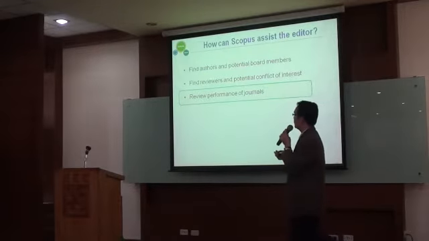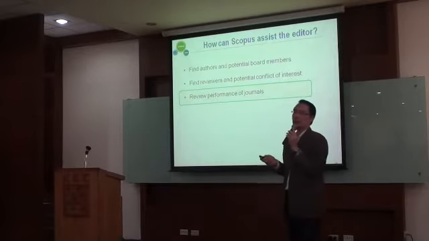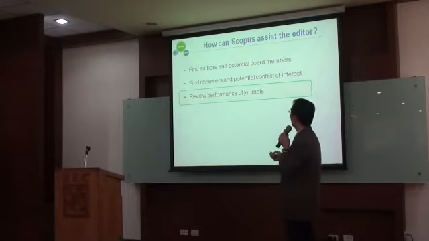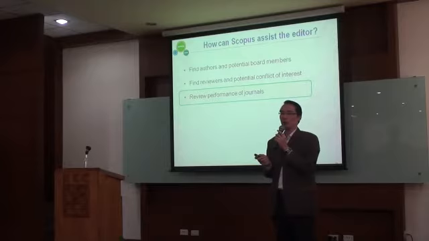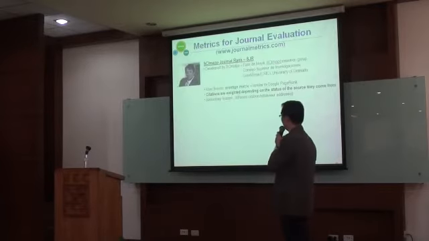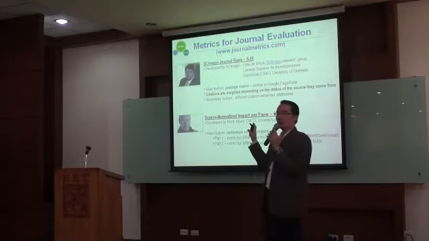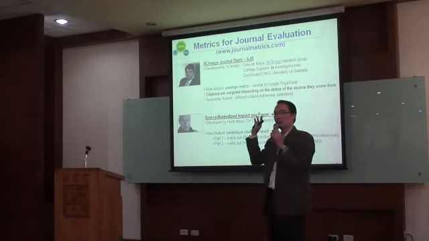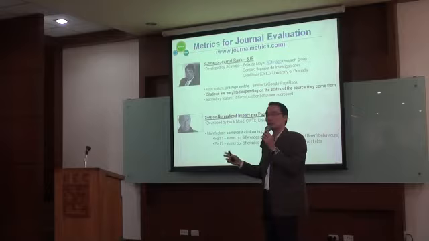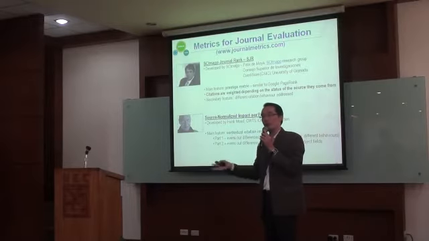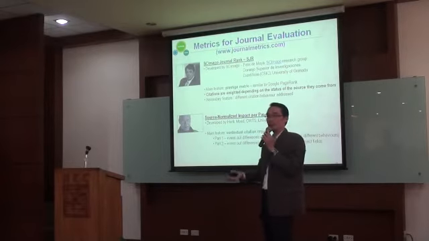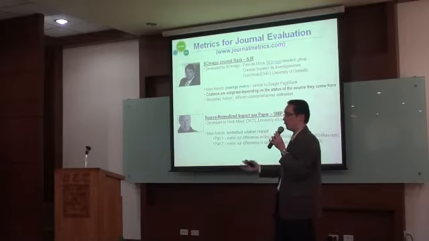Now the last part, which is how you can review performance of journals. Okay. Now I think many of you know what the ISI impact factor is. Okay, I wouldn't go into that detail. What I'm trying to show you today is two other alternative metrics. Of course, some of you may be familiar with the H index in Scopus or using citation counts as an evaluation measure.